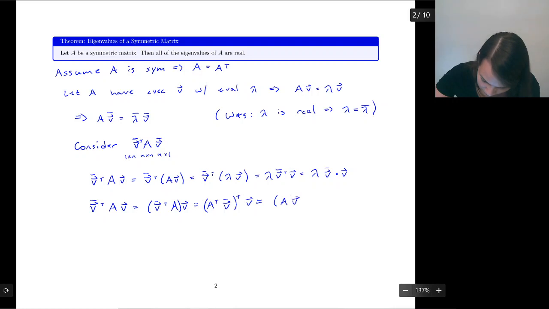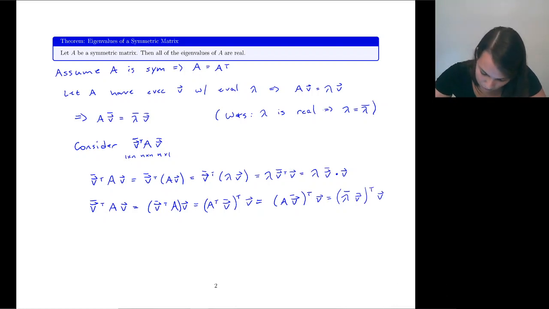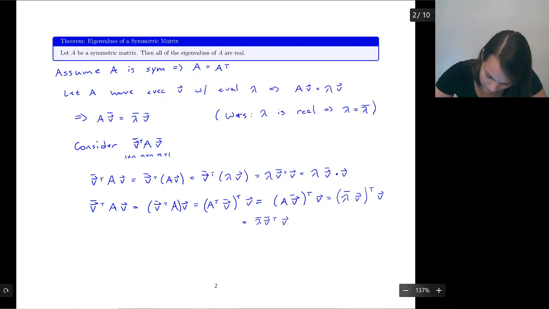Because if I do that, now I'm back at the eigenvalue problem right there. So that would be the complex conjugate of lambda, like this. But then transpose of a scalar, that's not really a thing. So we just apply that to the vector. And then dot product.